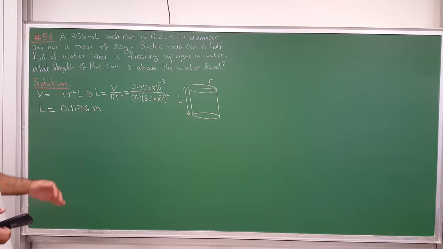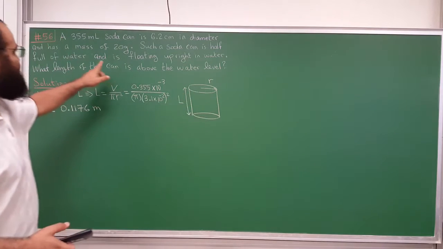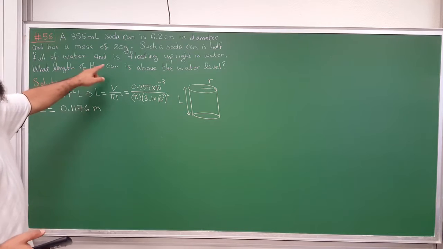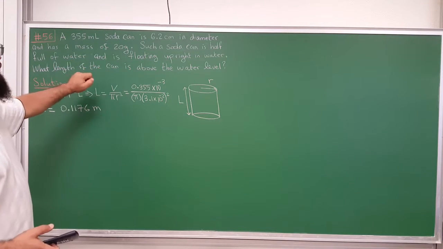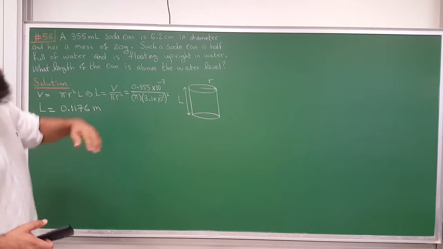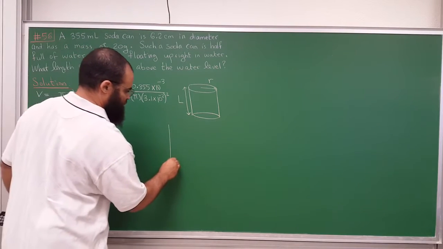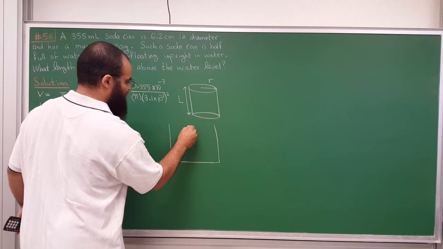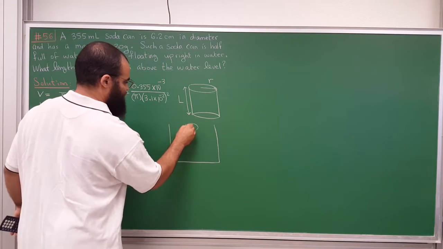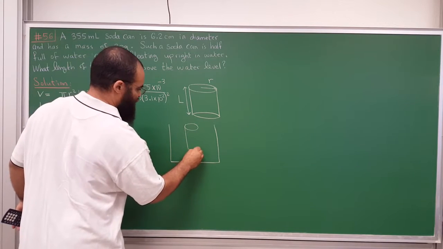We're going to fill it halfway. So it is halfway full of water, and it is floating upright in water. So you put water in it. Here's the soda can. I'll make it a little smaller now.